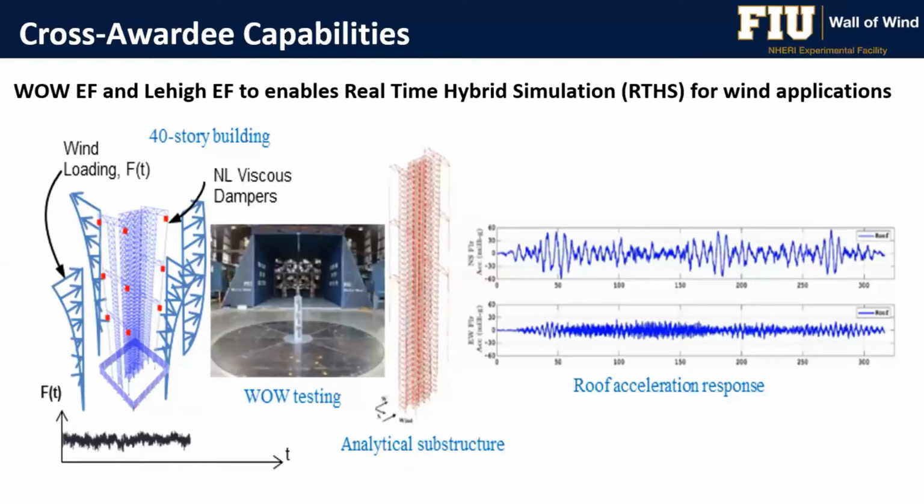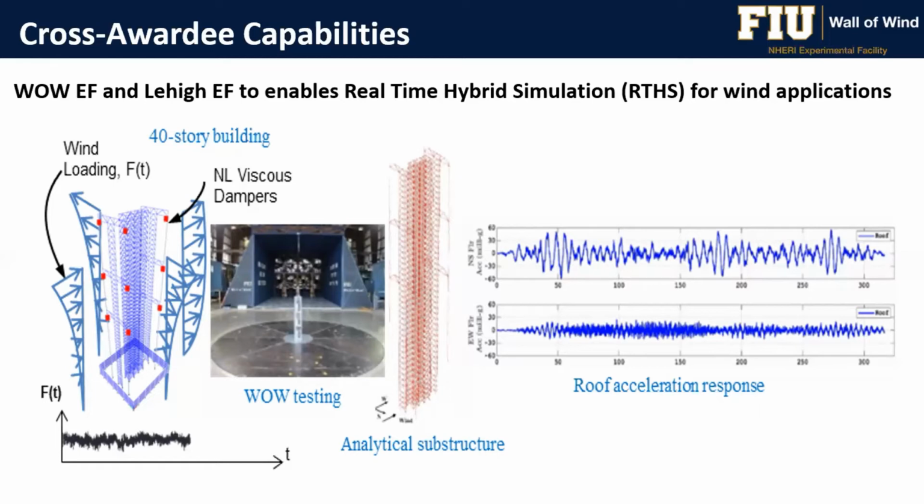There is also another cross-awardee capability that we are developing with Lehigh, and this is on real-time hybrid simulation where we have subsystems. We have a system that is experimental at the Wall of Wind, and then we have a numerical model residing at Lehigh in an experimental facility. And you can test various things here. You can test the effect of certain dampers on wind mitigation.